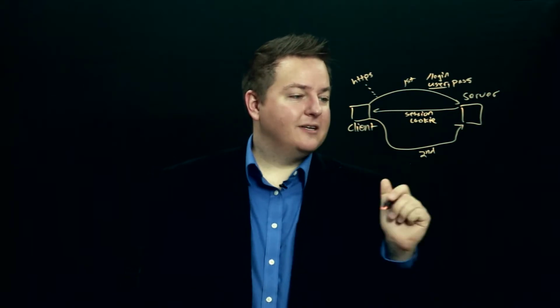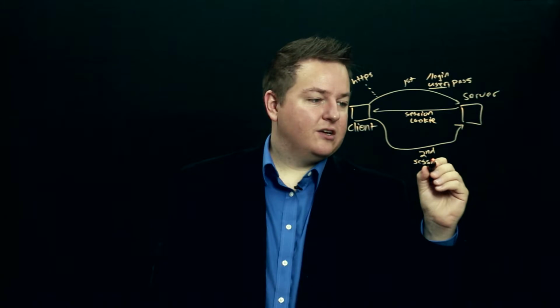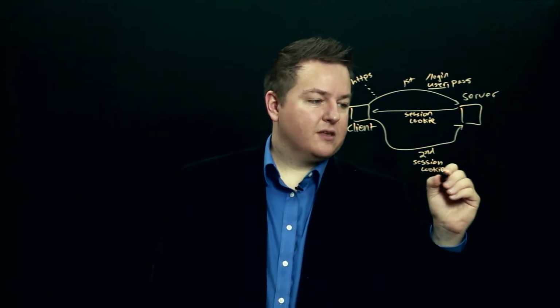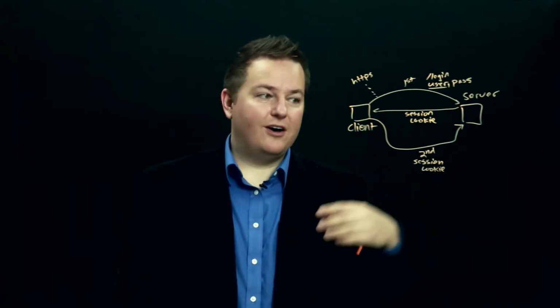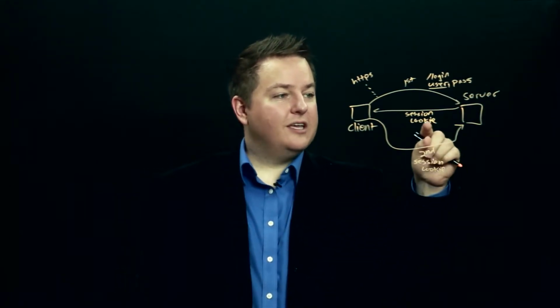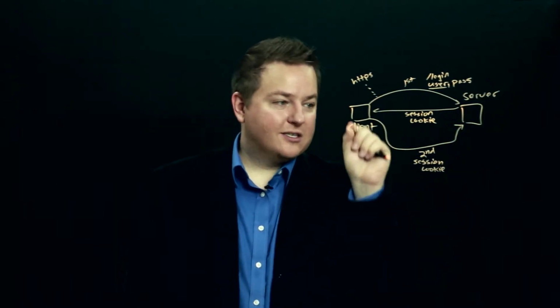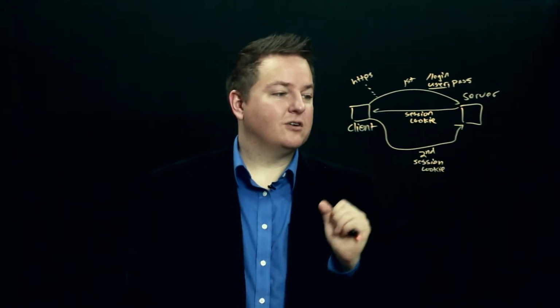And so what will happen is the second request, because the server sent a cookie, the cookie will be sent by the client back to the server on the second request. So a cookie is a piece of information that the server wants the client to remember and wants the client to send with each subsequent request back to the server.